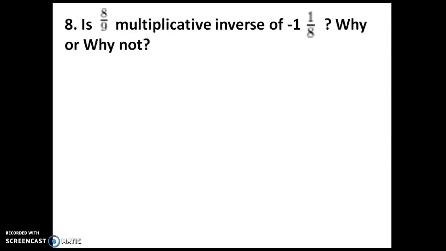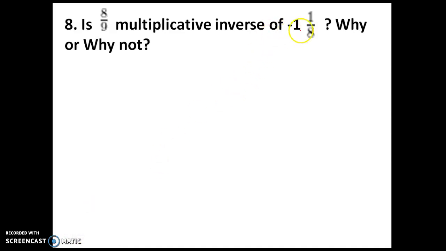Next problem. Is 1 by 8 the multiplicative inverse of minus 1 1 by 8? Why or why not? First we have to solve and see. This is a mixed fraction, so we have to change it into an improper fraction.